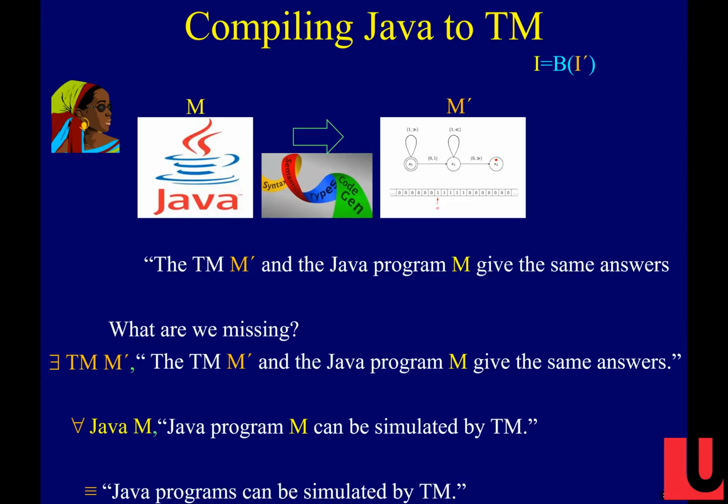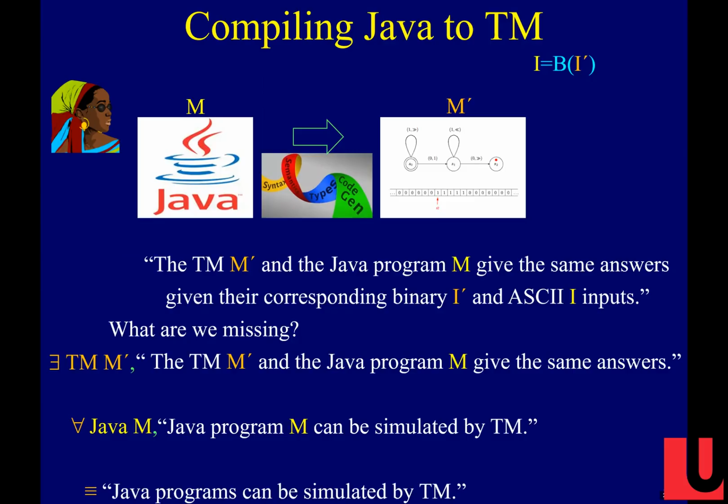Binary changing. Yeah, the input, right? The Turing machine and the Java program give the same answer given the corresponding inputs. One is given a binary string, one is given an ASCII string, but when you give them the corresponding inputs, they give the right answer, all right?